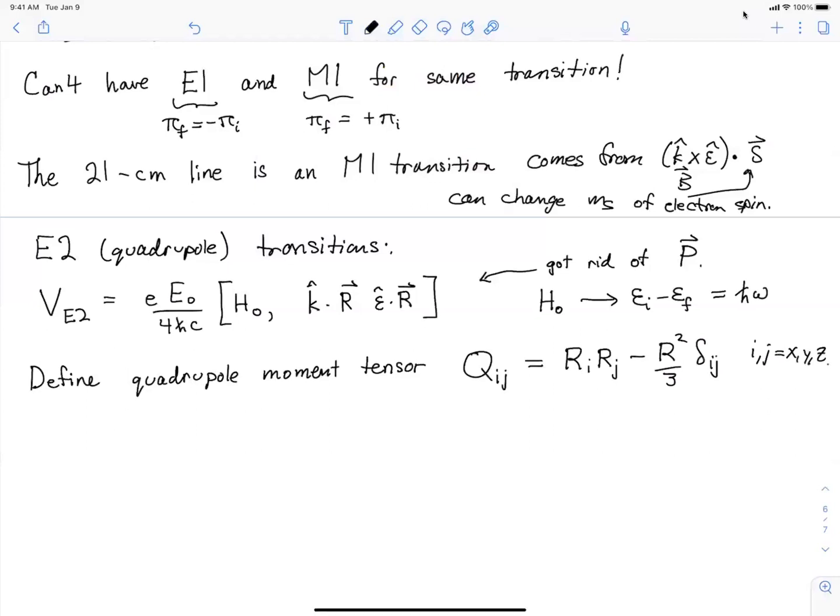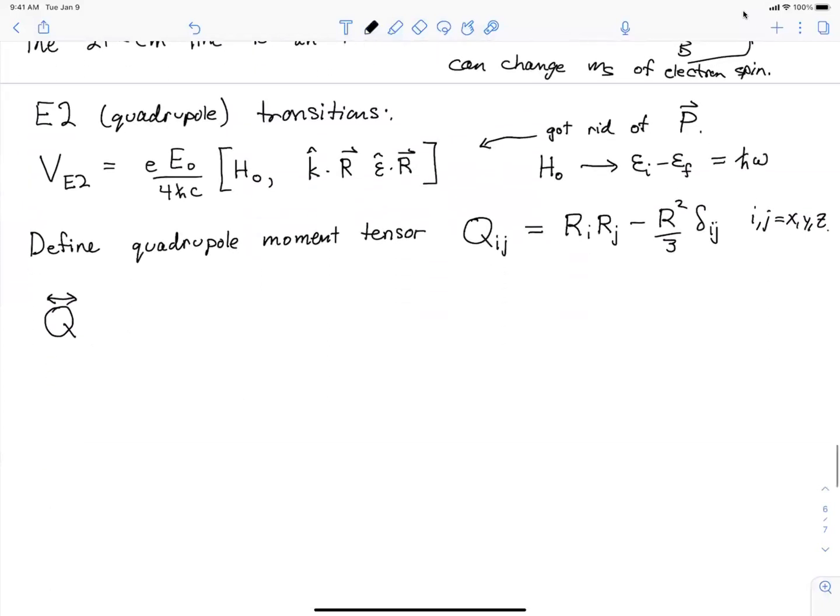And so it's got two indices, just like a matrix. Sometimes we put a double harpoon on it to distinguish it from a vector. And if we write this as a matrix of operators, it looks like this. So there's (2x squared minus y squared minus z squared)/3. So what did I do here?